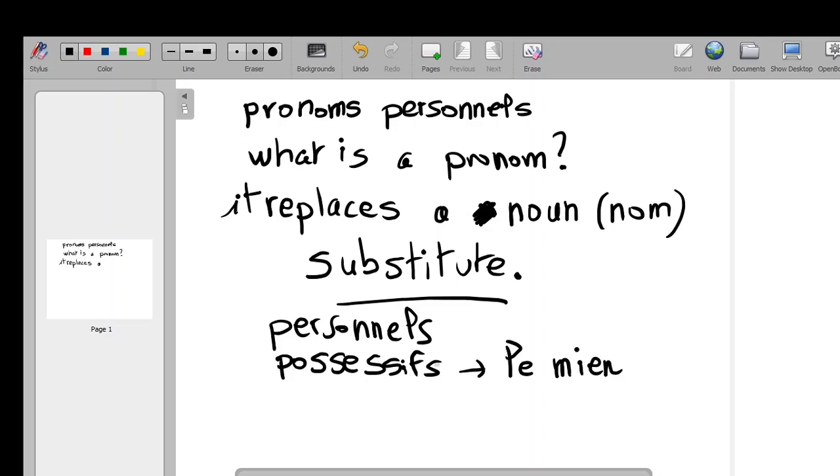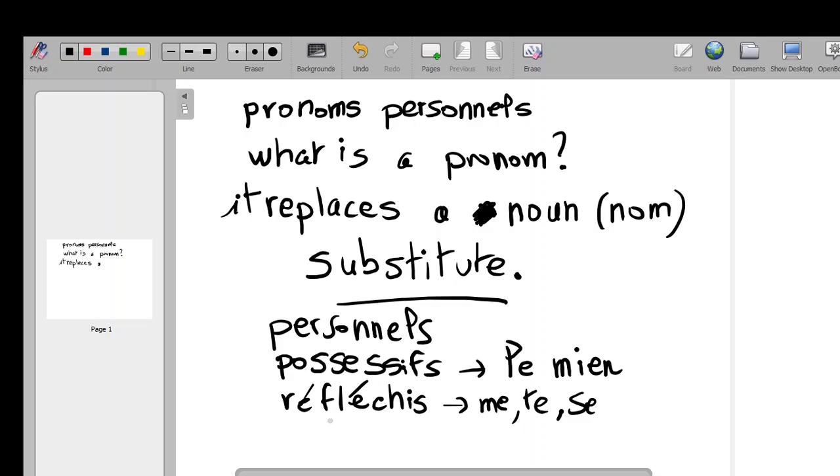Le mien, le tien, le sien, etc. So possessif, pronom réfléchi, like me, te, se. Like je me lave, tu te laves, il se lave. So it's like reflexive verbs. Reflexive verb in French form pronominal.